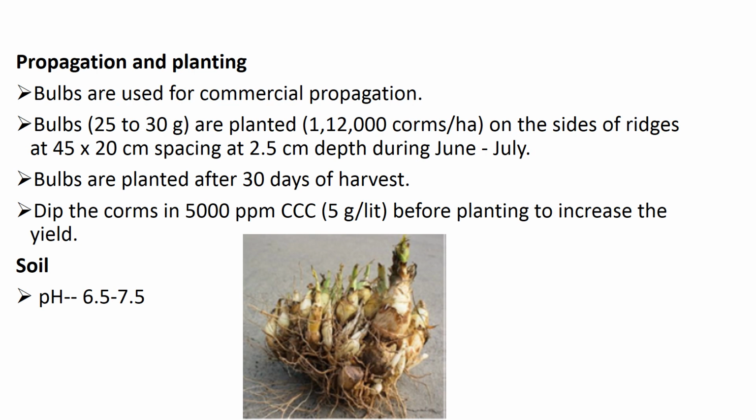Before going to propagation and planting, we should know the difference between bulbs and corms. So a bulb is a vegetative propagation unit, and bulbs are sustained underground storage structures with fleshy and concentric layers of leaves. But in case of corm, it is not like that. The corms are solid stem bases.